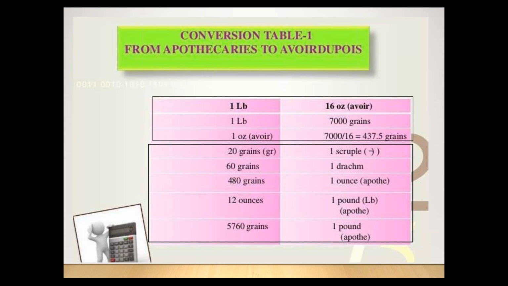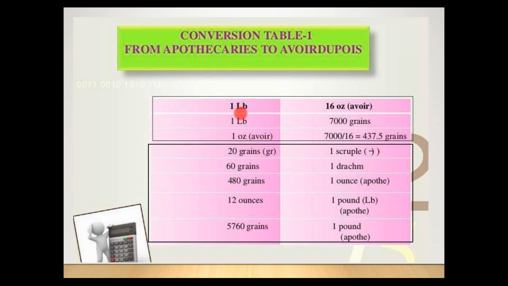If I want to know how much 1 ounce is, I simply have to cross multiply, and I get 7,000 divided by 16, which is equal to 437.5 grains.